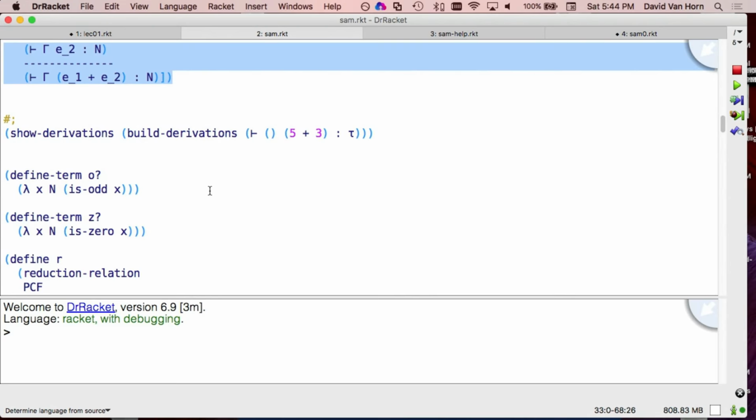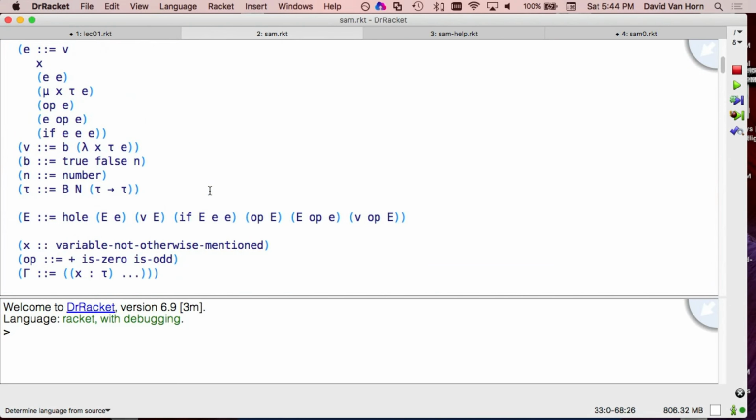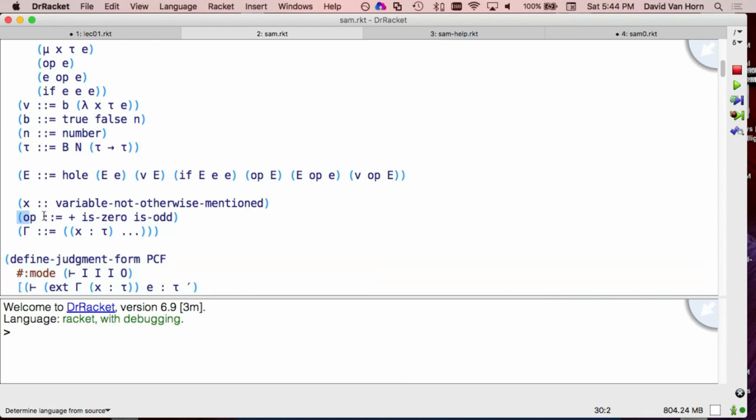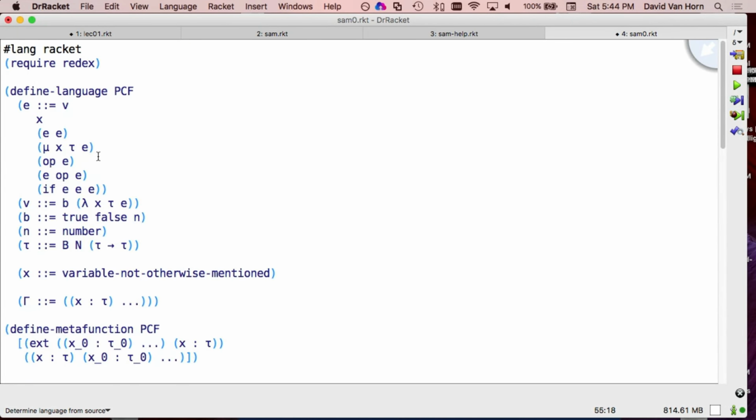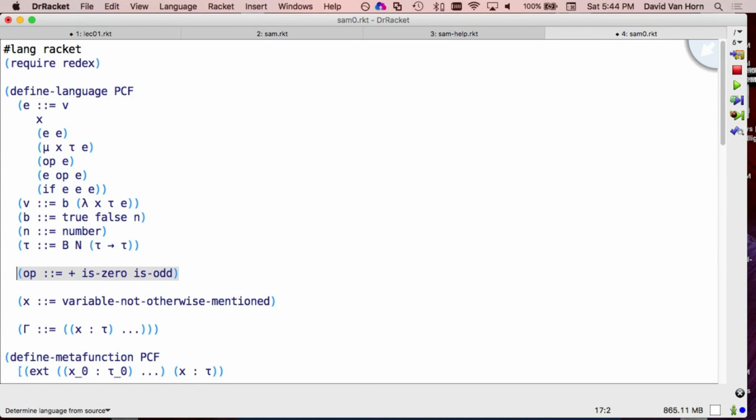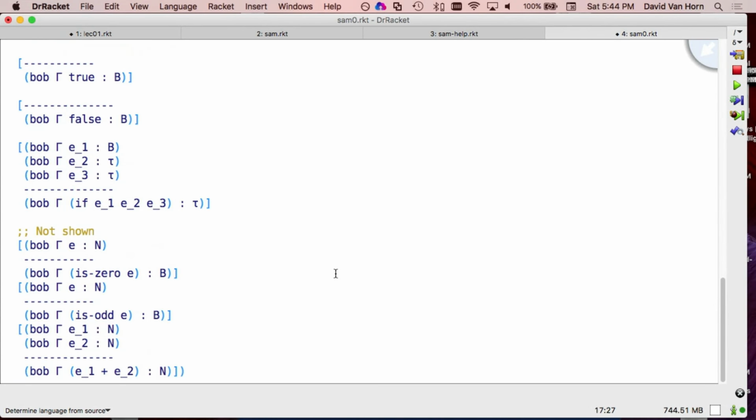So let me just pull these. Right, Sam never actually nailed down what ops are. So let's do that, right? The operations I have are plus, is 0, is odd. Okay. All right, and now these typing rules are all.